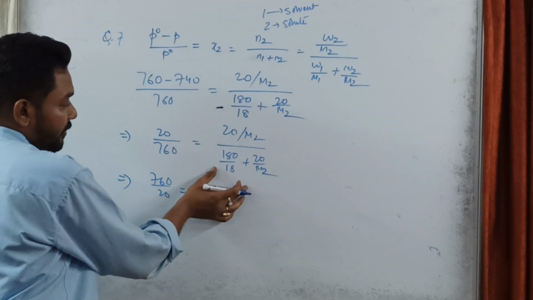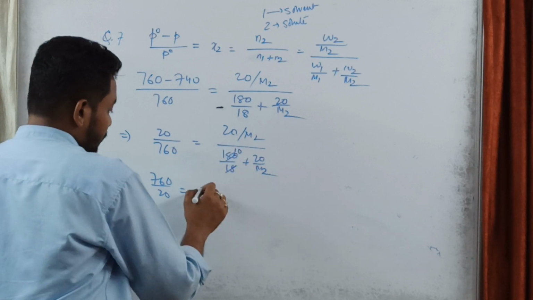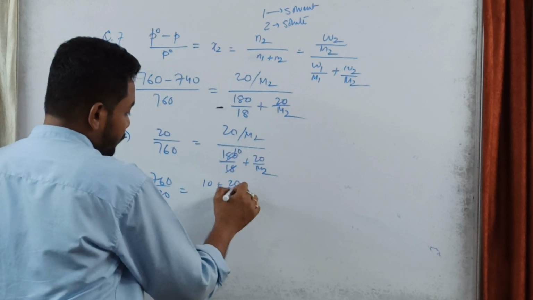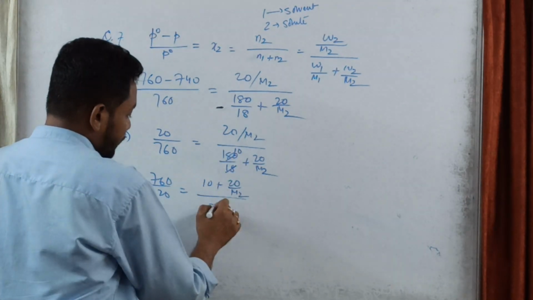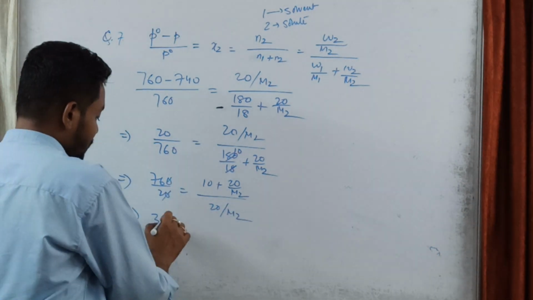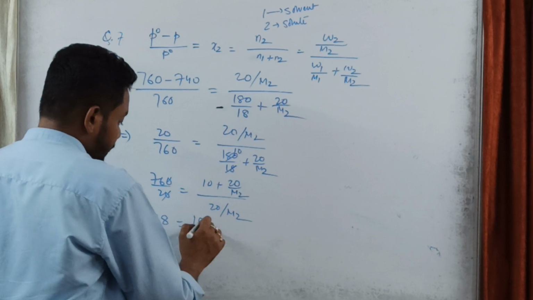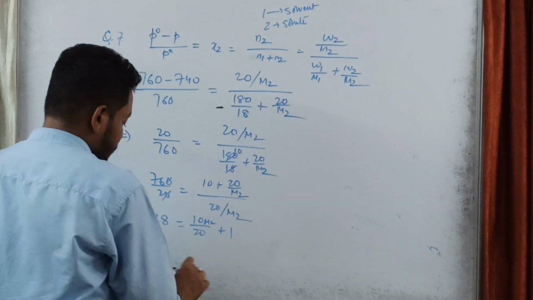And here the denominator will be numerator, numerator will be denominator. So this is 10 bar 20 by M2 divided by 20 by M2. Now that is 38. If you just simply calculate, 10 by 20 M2 plus 1.